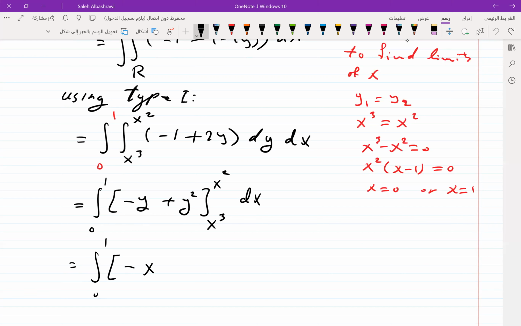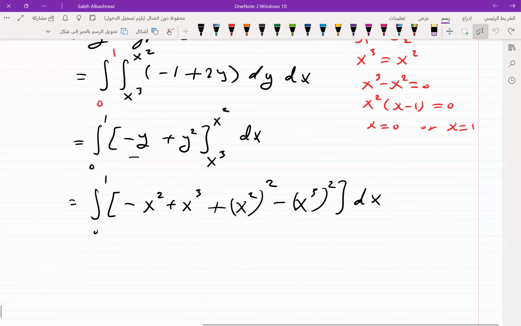It will be minus x squared plus x to the power 3, this is for the first one, plus x to the power 2, all to the power 2, minus x to the power 3, all to the power 2 dx.